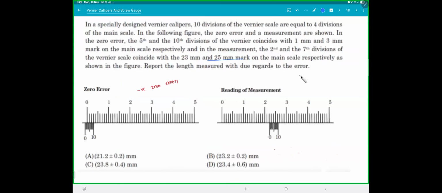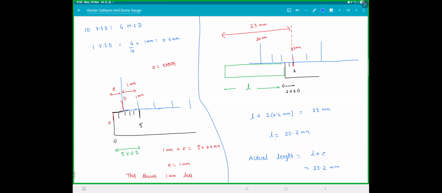And luckily, there's only one option with 23.2 mm. Ideally speaking, they should have given 23.2 plus or minus 0.2, 23.2 plus or minus 0.6. That would have been a really good question. Why? The problem here is, what is the difference between one main scale division and one Vernier scale division? One main scale division is how much?